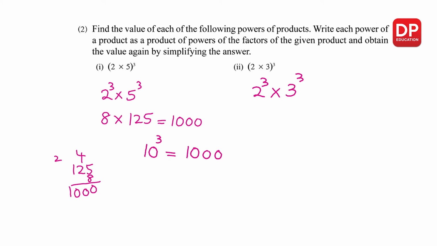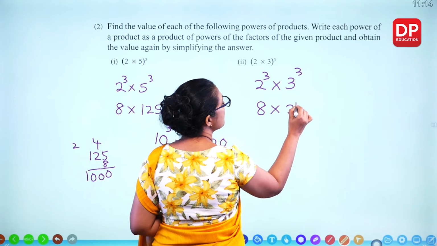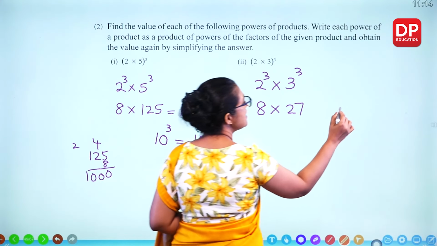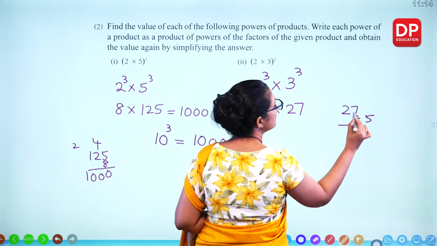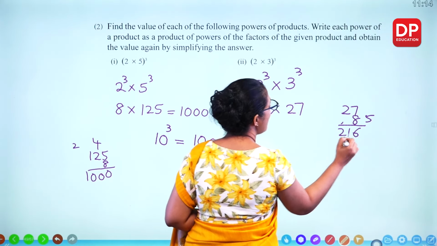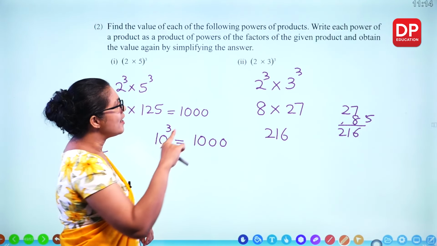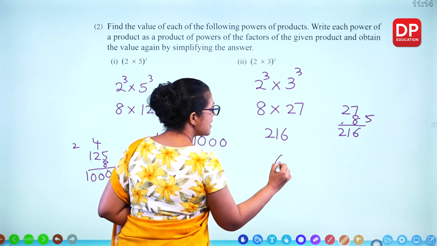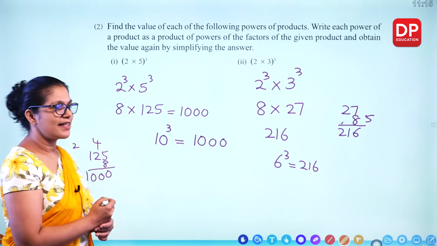What's 2 to the power 3? 8. 3 times 3, 9. 9 times 3, 27. So what's 8 times 27? 216. What's the other way? You can do inside. 2 times 3, 6. 6 to the power 3, you get 216.